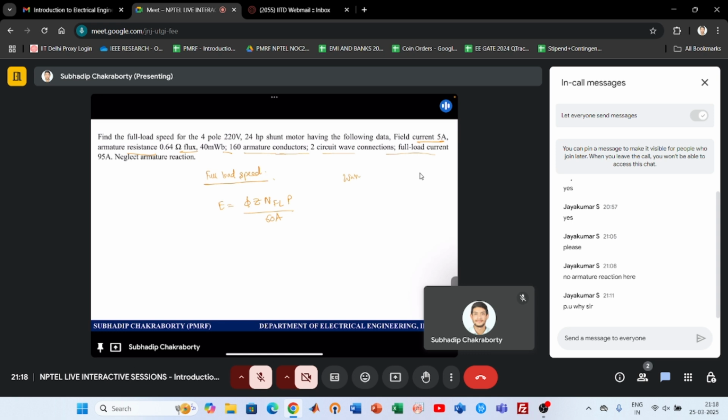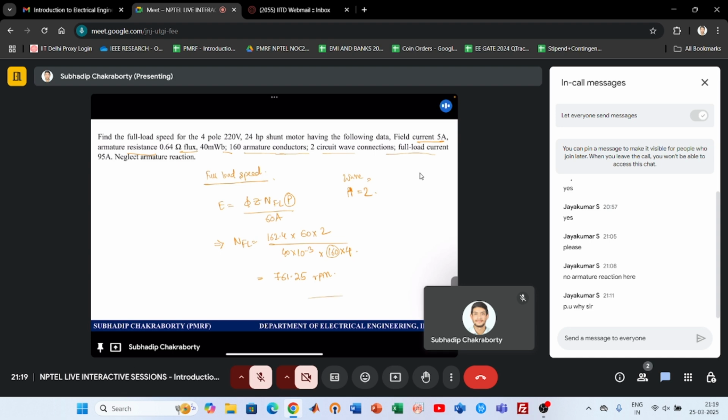For wave connection, you know the number of parallel paths is 2, right? And the number of poles is 4. So you plug in every value, and NFL you can write as 162.4 into 60 into 2 divided by the flux per pole, which is given in milliwebers, then the number of armature conductors, and then 4 is the number of poles. Then your NFL in RPM becomes 761.25 RPM.